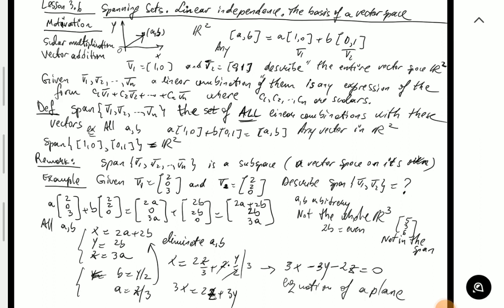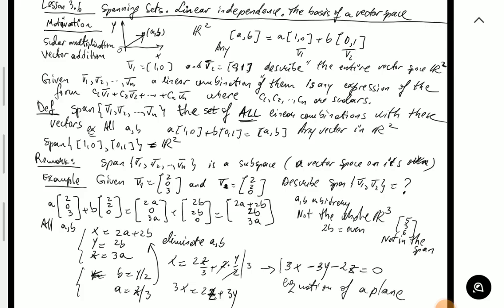So a plane is a vector subspace, and that's intuitively obvious, because you can think of this plane as R2 in a different orientation. It's just a plane which is neither of the xy, yz, or xz planes.